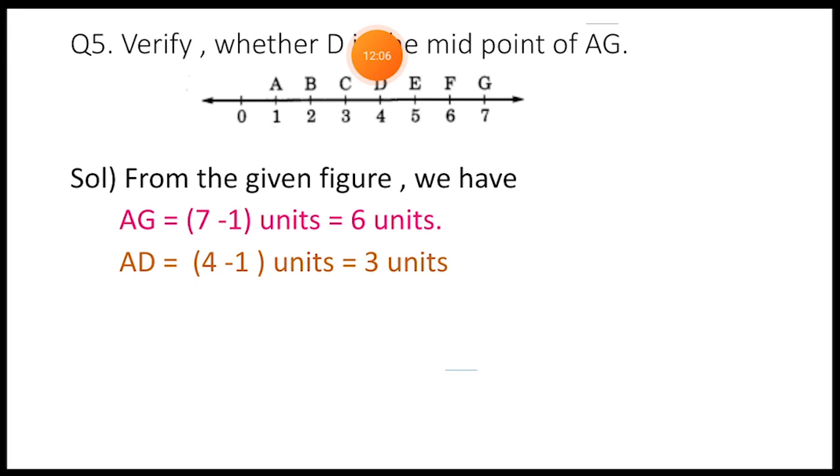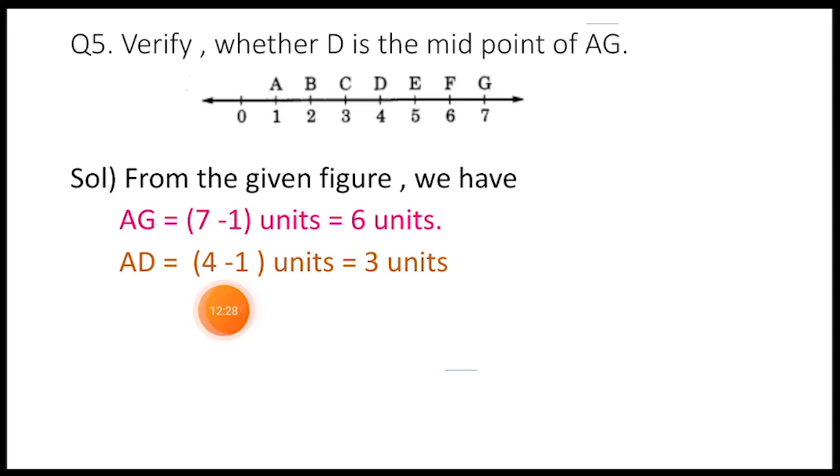Fine. In the same manner, we have to tell whether D is the midpoint of this line segment AG or not. So we'll find the length of A to D. You can see D ends at 4. So we do 4 minus 1. Why are we subtracting 1? Because A is marked above 1.